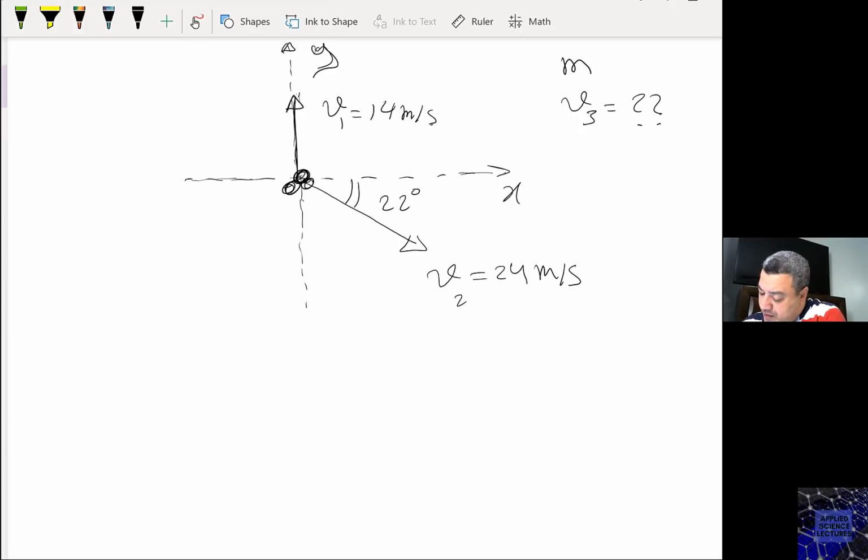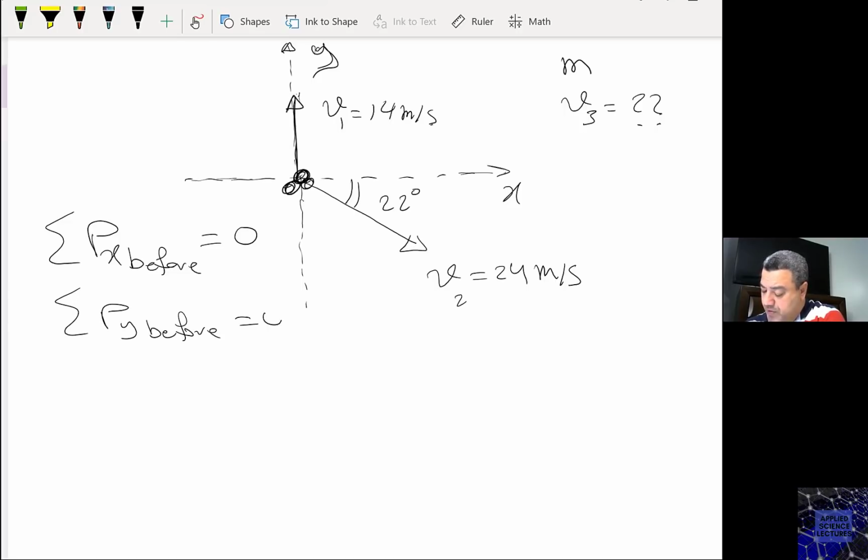So if you look at this problem, you have sigma px before equals 0 because the whole pumpkin was at rest. I have sigma py before being 0 as well.